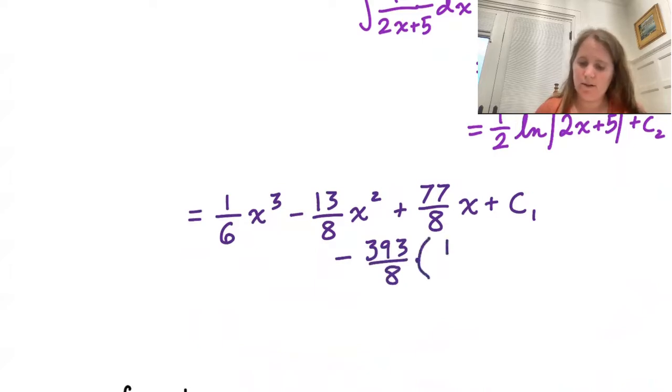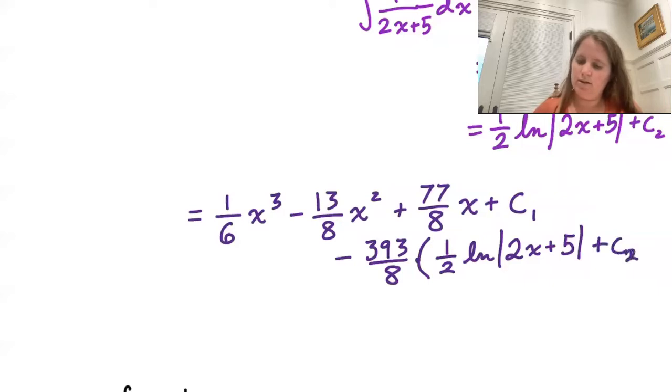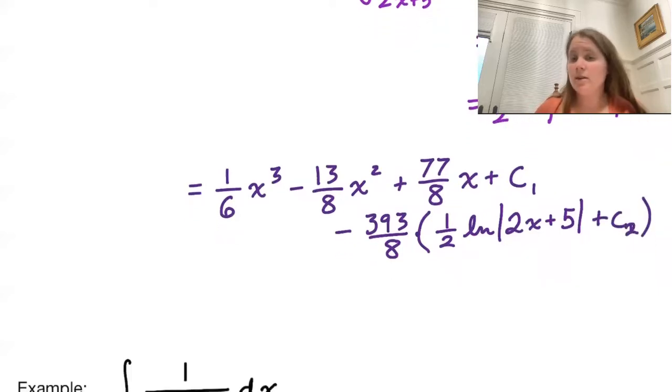So times 1/2 natural log of the absolute value of 2x plus 5 plus C2. And then C1 is a constant, C2 is a constant.